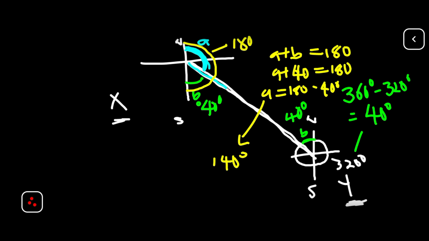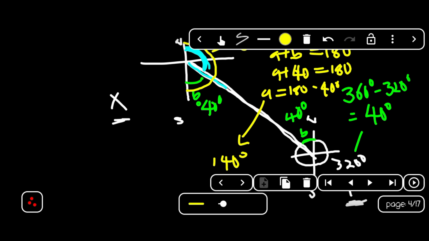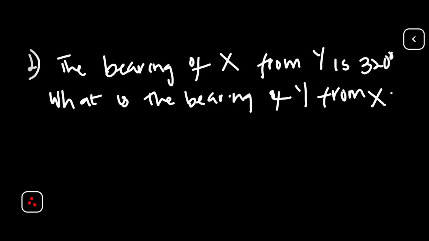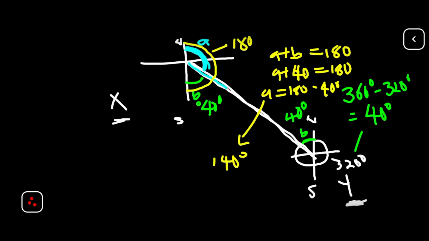I don't know if you get the point. Just take note of this, that when we were solving, we noticed that to get the points, this is the question, so let's follow it from the question first. The bearing of X from Y is 320 degrees. So to get the bearing of X, we had to draw on Y 320 degrees, and we got this line here, right?